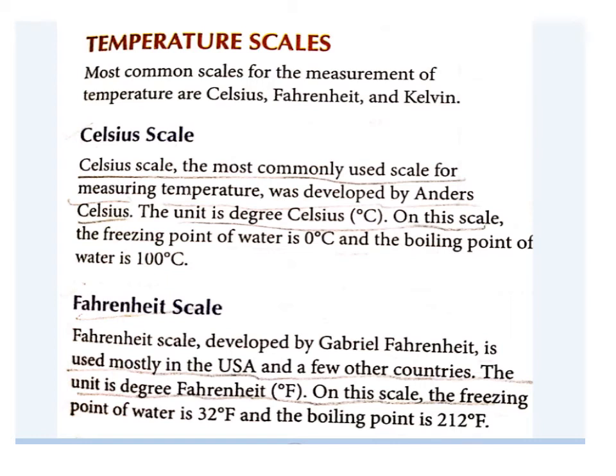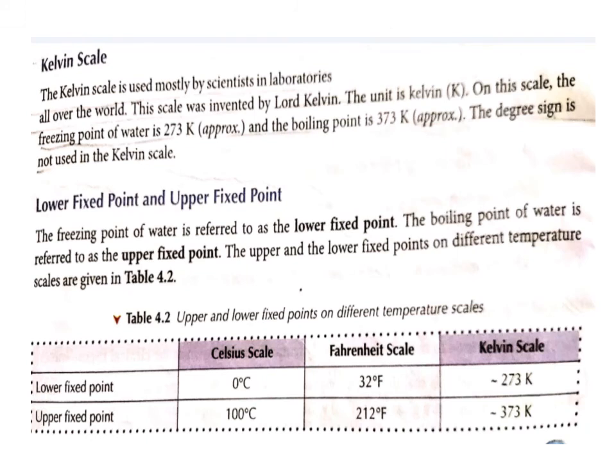The Fahrenheit scale was invented by Gabriel Fahrenheit, and here the unit is degree Fahrenheit, and in this scale the freezing point is 32 degrees Fahrenheit and the boiling point is 212 degrees Fahrenheit. The Kelvin scale was invented by Lord Kelvin. Here the freezing point of the water is 273 Kelvin and the boiling point of the water is 373 Kelvin. And very important, the degree sign is not used in the Kelvin scale.